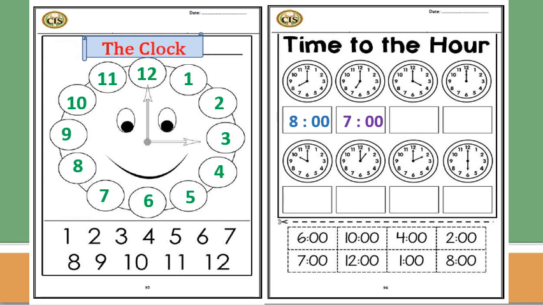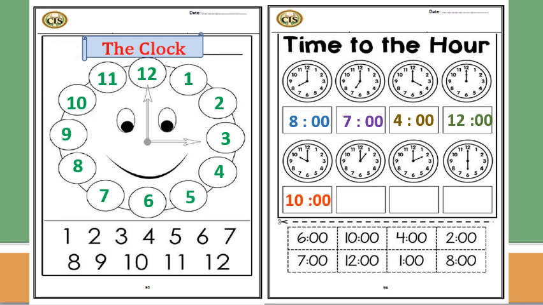It means 4, 0, 0. 4 for hours, 0, 0 for minutes. Here, the long hand and the short hand point to 12. So, it means 12, 0, 0. Here, the short hand points to 10 and the long hand points to 12. It means 10, 0, 0.